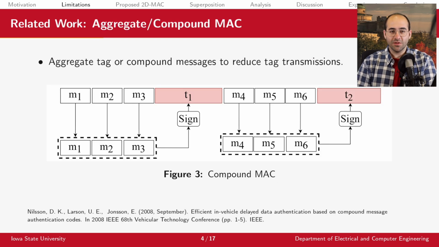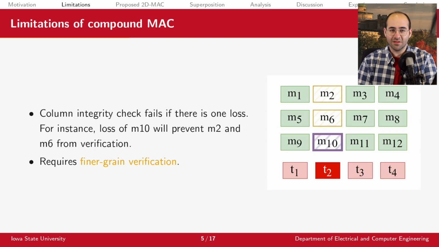To this end, researchers have proposed aggregate or compound MAC, where multiple messages are grouped and a single MAC is calculated over the concatenation. If you have, say, 6 messages, you transmit one tag for them instead of 6. This reduces overhead when the channel is perfect. But in lossy channels, compound MACs become problematic.